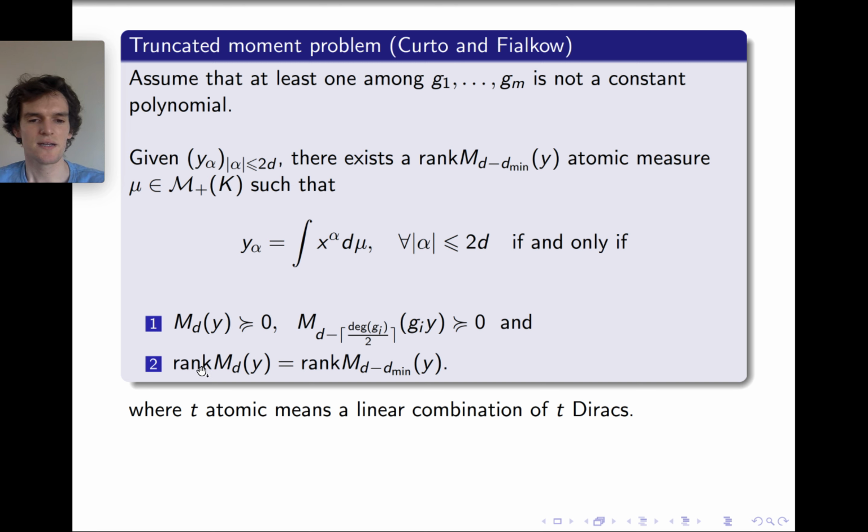You can also check the rank condition, and the fact that the rank is preserved is obvious here because the rank is 1. So we're guaranteed to have a representing measure for our pseudo moments, for those y variables that have two indices. They're represented by a measure. And so this guarantees global optimality.